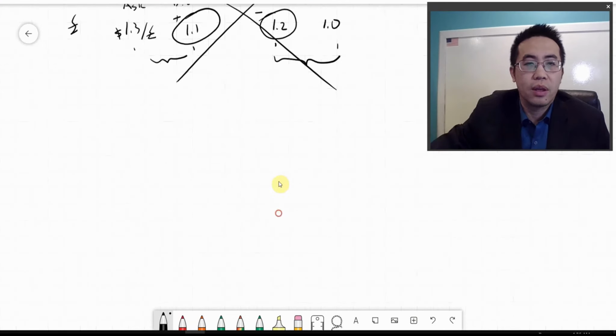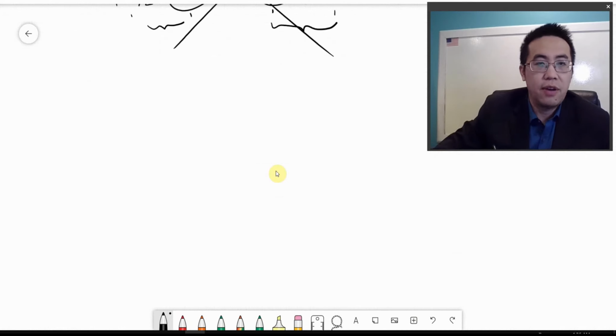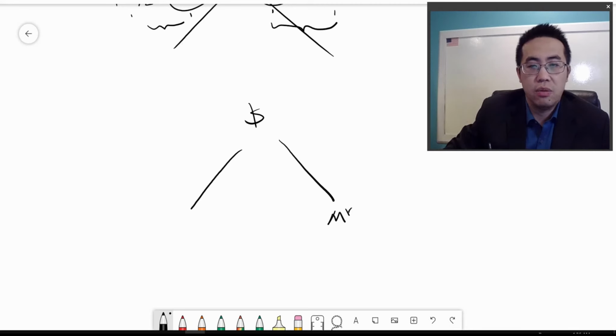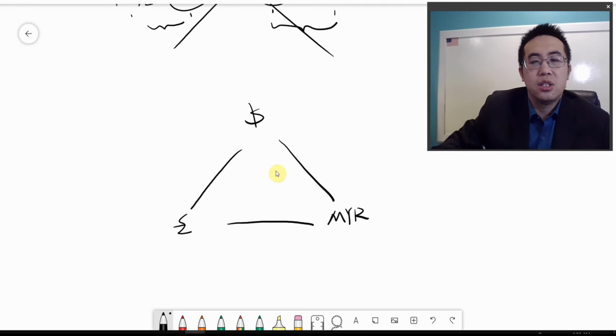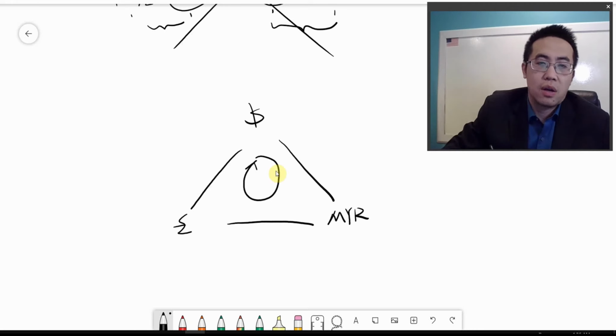So the trade is definitely from US dollar to one foreign currency, and then to another currency. One is Malaysian ringgit and the other is the British pound.